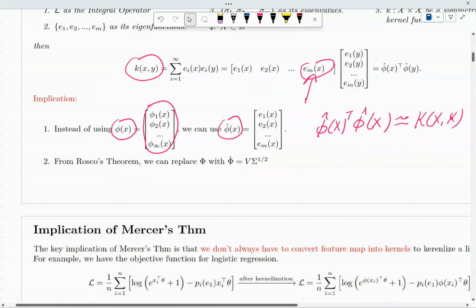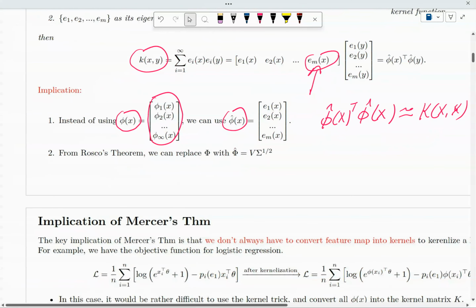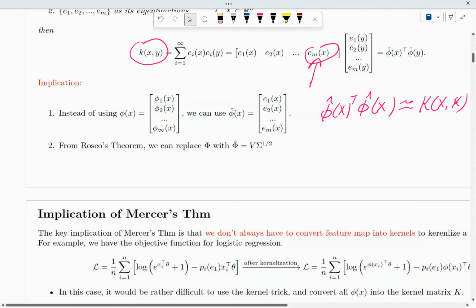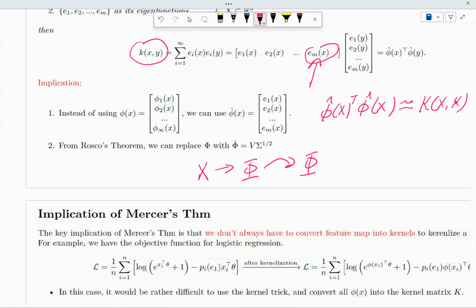Okay, so this tells you that instead of using infinite dimension, you can use finite dimension. Moreover, once you have this idea in mind, when you want to map the data x to phi of x, you can just map it to phi hat of x. And phi hat of x is equal to V Sigma to the one half.